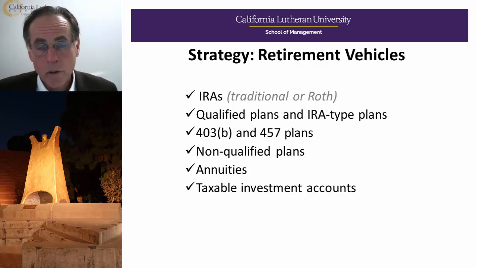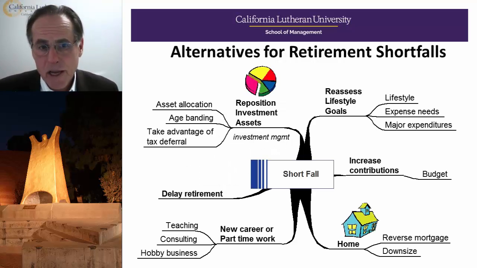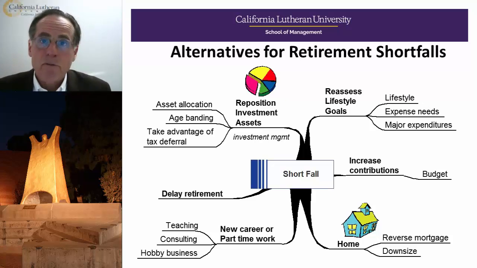Now, unfortunately, in working with some of your clients, you're going to run into retirement shortfalls, particularly those clients that have a short window until they start retirement. And because of that, you'll have to take a look at some strategies for dealing with shortfalls. The first one involves some difficult conversations.